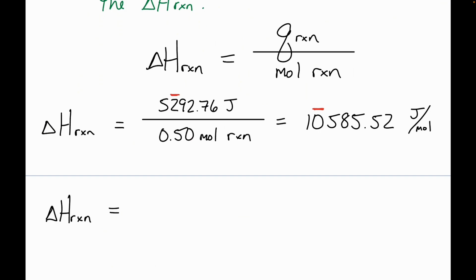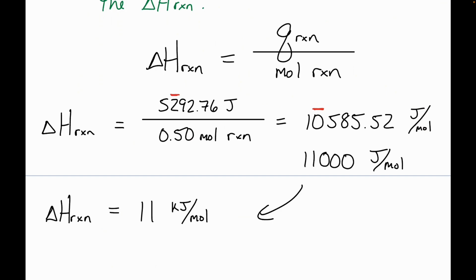We can see why, because they tend to be big numbers here. So it'd be more convenient to represent this as simply 11 kilojoules per mole reaction, rounding to my correct number of sig figs. This would be 11,000 joules per mole reaction. So then I just converted from joules to kilojoules to make it a more manageable looking number.